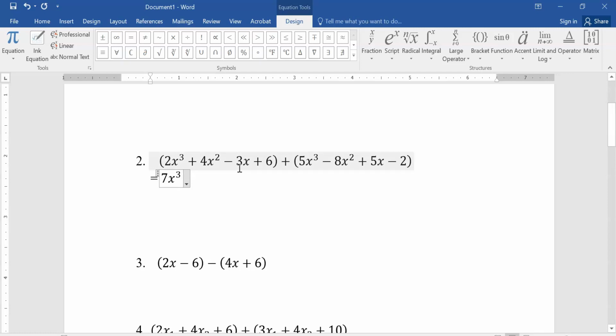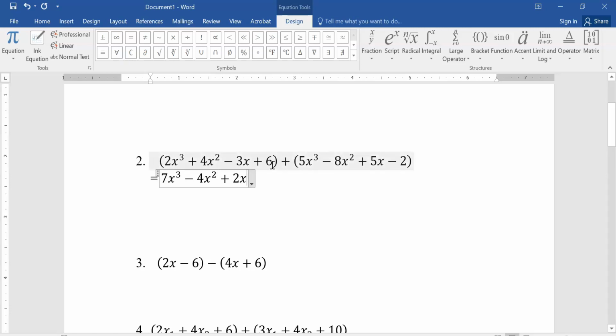We have 4x squared and minus 8x squared, be careful there. Minus 8 and positive 4 add to negative 4, so you're getting negative 4x squared in terms of the x squared terms. When we add a minus 3x with a plus 5x, that is a plus 2x.